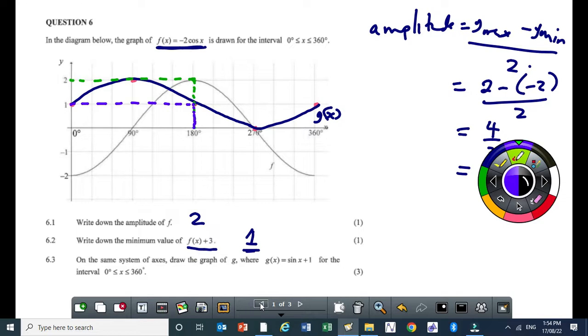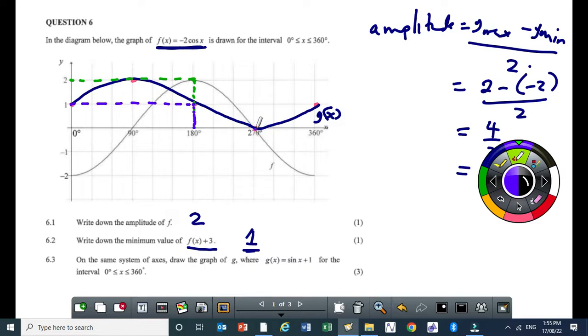Then, between 90 and 180, both graphs are above the x-axis, which means they are positive. So one of our solutions will be between 90 and 180. But let's head on. Between 180 and 270, both graphs are also positive. Which means our solution will be from 90 to 270.